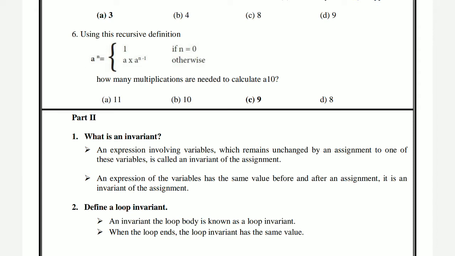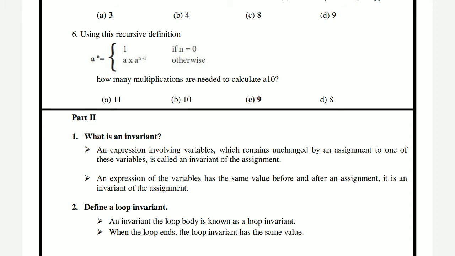The value will stay the same throughout the program even if you assign some value to a variable. So an expression of the variables has the same value before and after the assignment, and it is an invariant of the assignment.